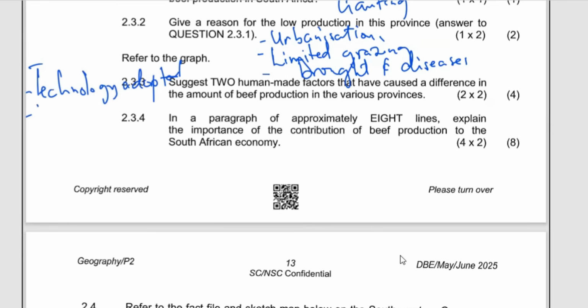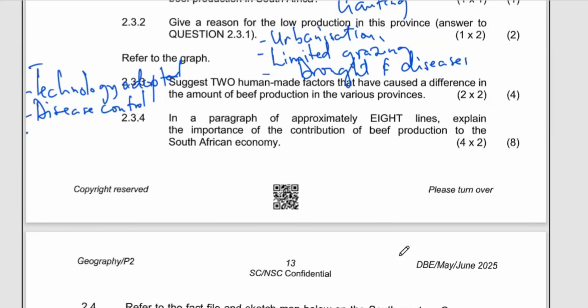Then you can also look at new initiatives in disease control. Farmers can be exposed to new ways of disease control using new treatments for different diseases, and hence their level of productivity will also be high.